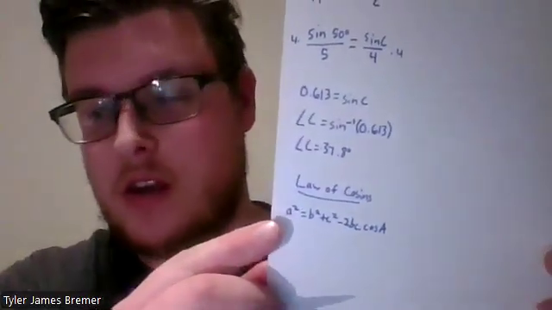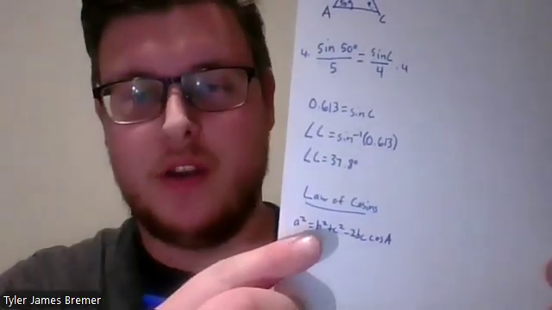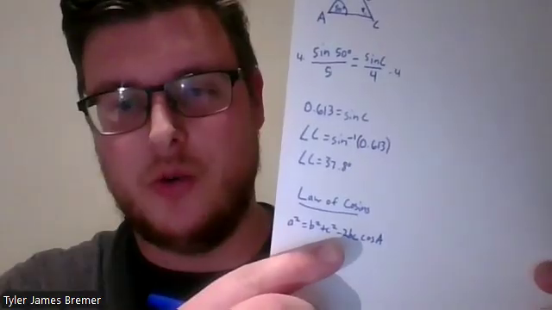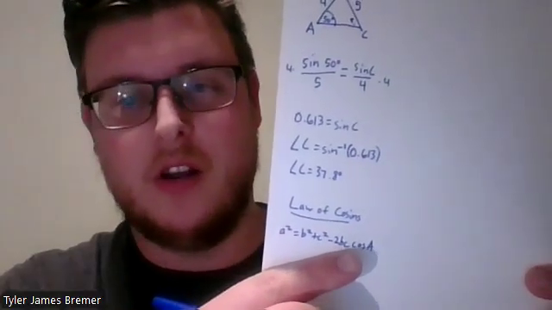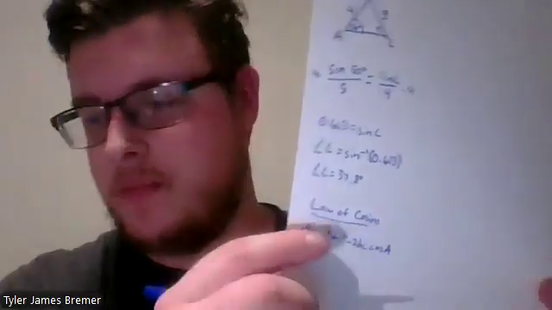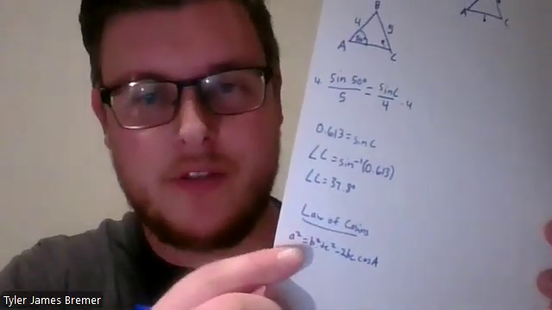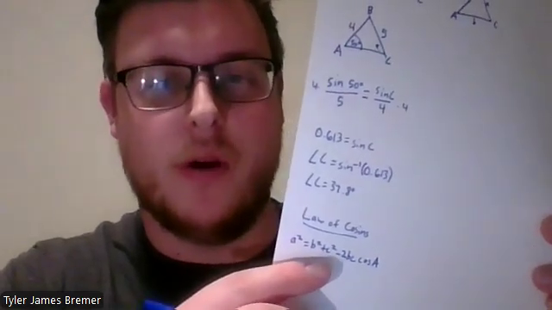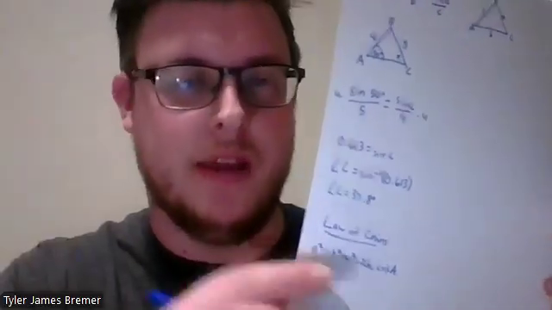This is a squared equals b squared plus c squared minus 2 times the two sides together times the cosine of A. It can also be written with b squared in front, and then you'd use the other two. So b squared equals a squared plus c squared minus 2ac cosine B.